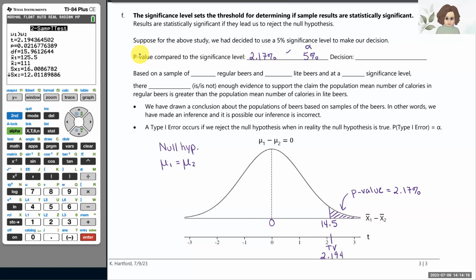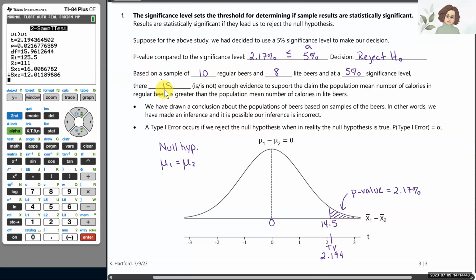Now our p-value is less than or equal to our alpha, which would lead us to reject the null hypothesis, indicating we do have significant sample data. Based on these 10 regular beers and 8 light beers, with a 5% significance level, there is enough evidence to support the claim that the population mean for regular beers is greater than that for light beers.